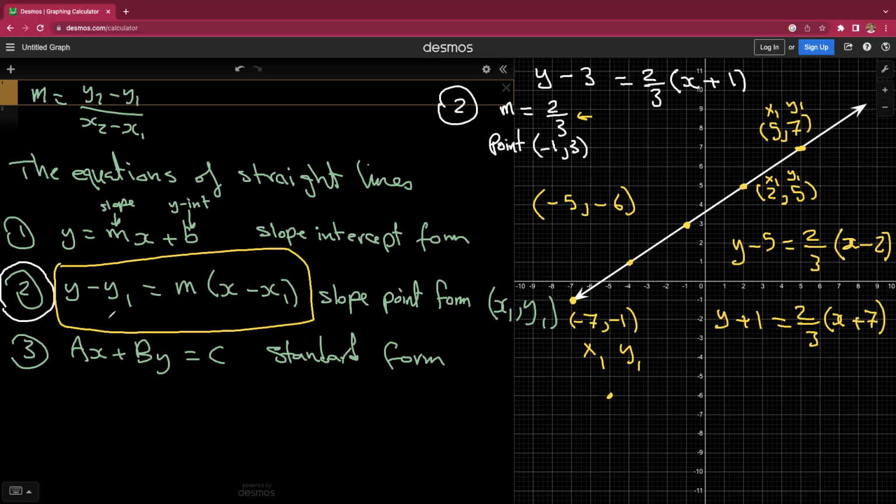Because clearly it says here, y1, x1. So if I know it's 5 and 7, x1 is 5, y1 is 7. And that's all I need to put in the equation and it's done. Does that make sense? Yes. So just don't write things without writing the coordinate, putting x1, y1 on top, and then you'll be able to do it. Okay.